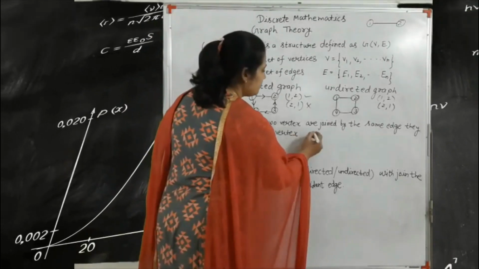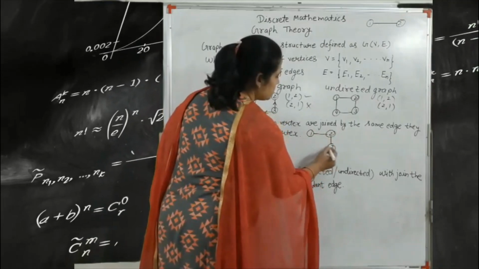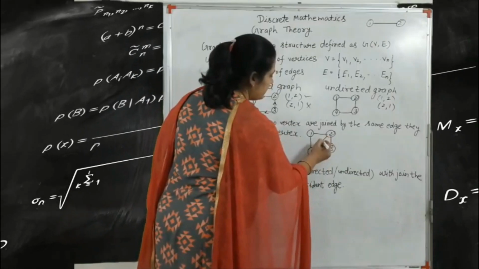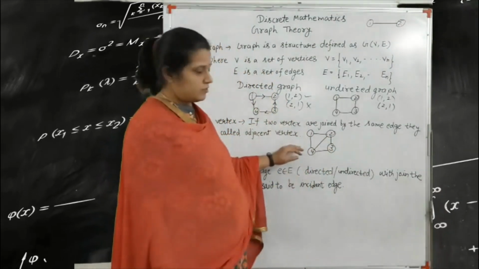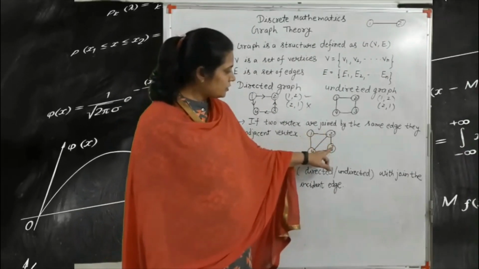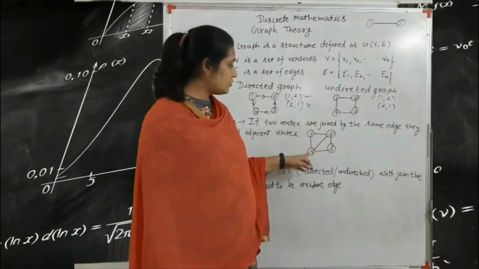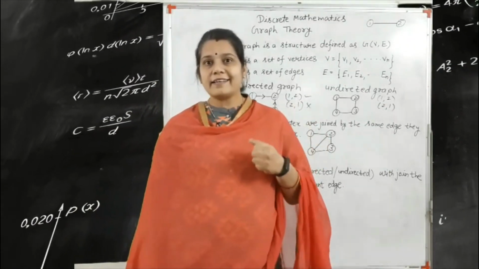For example, we draw a graph with vertices 1, 2, 3 and 4. So 1 to 2, 2 to 3, 3 to 4 and 4 to 1, or we can say 1 to 4, 4 to 3, 3 to 2 and 2 to 1, because this is an undirected graph.